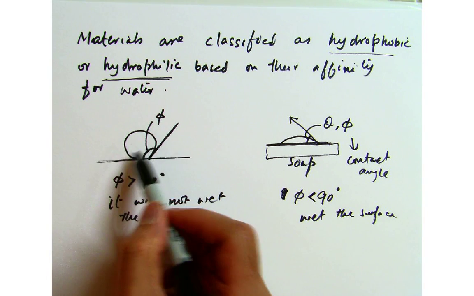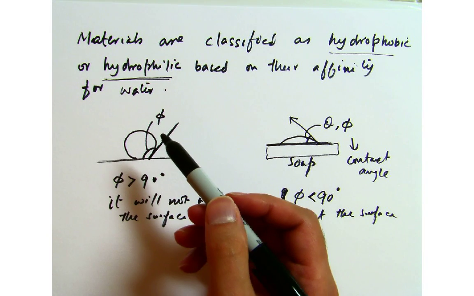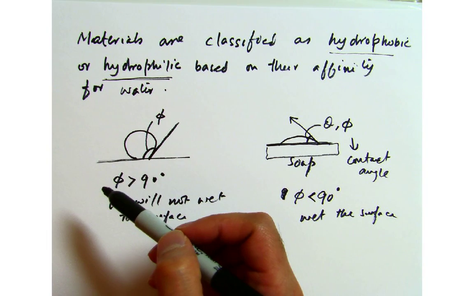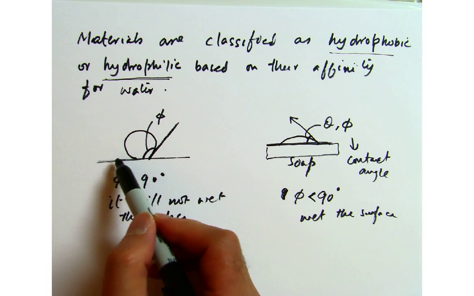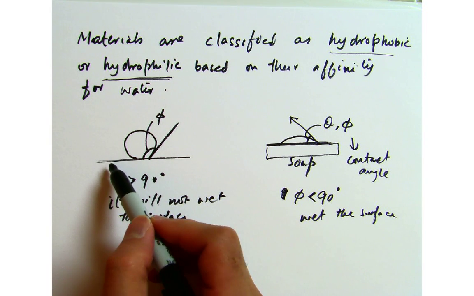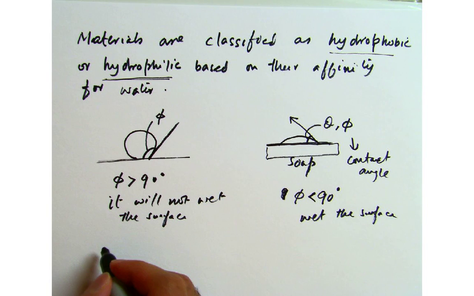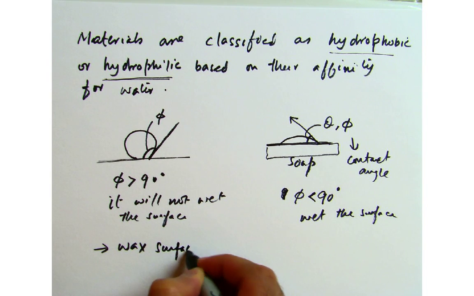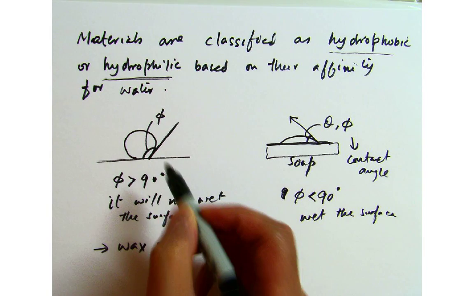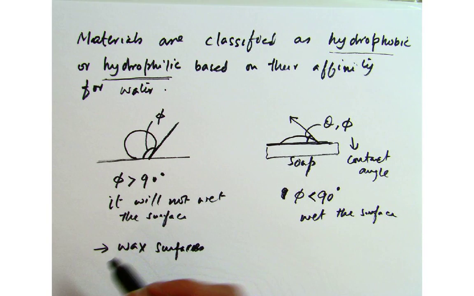Anytime you go and wash your car, you normally wax it, because you want to make the surface hydrophobic, so that the water does not stick to that surface and it rolls off. So wax surfaces act as hydrophobic surfaces. Another application where this is commonly used is firefighter helmets.